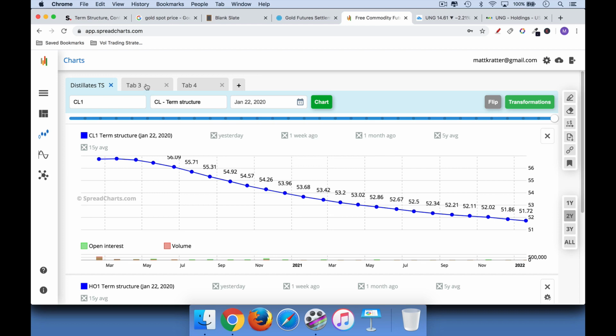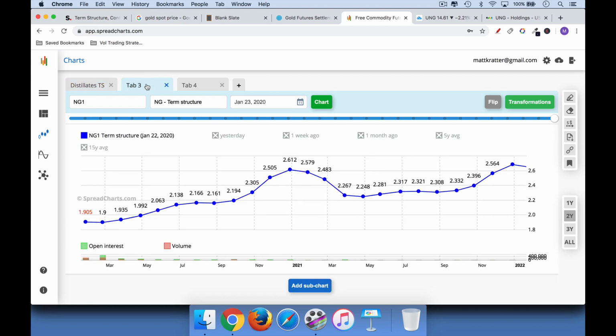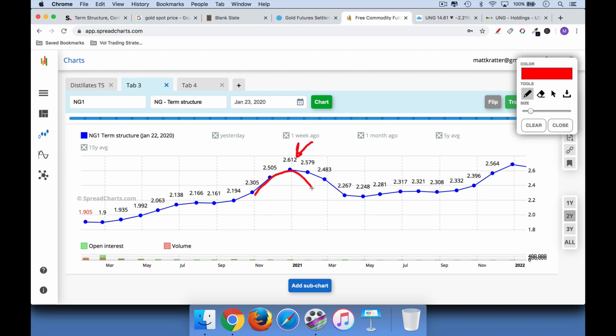Now we're going to look at a really weird term structure that is famous for having a weird term structure. This is natural gas, NG. And you can see that you get these little humps in the term structure of natural gas. So you've got a hump here, and it looks like that's kind of November through February of 2021. You've got a hump here, November through February of 2022.